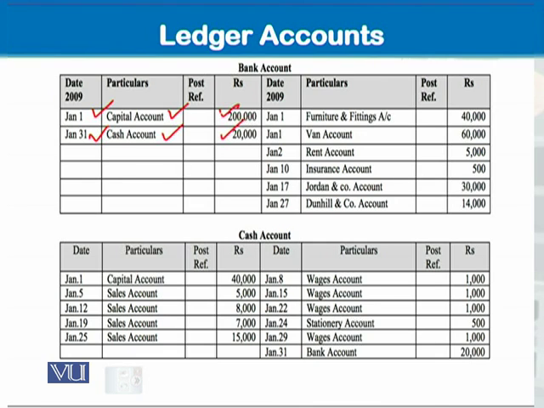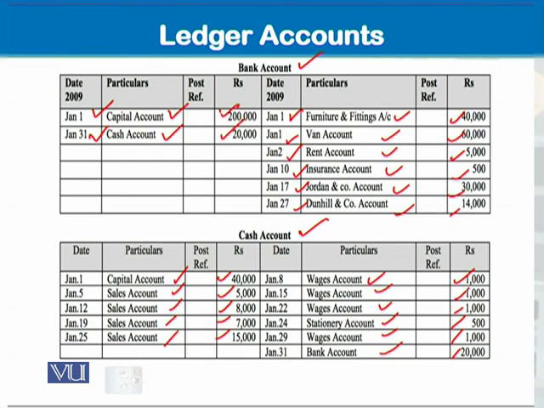In the same way, you will see how many times bank is being credited, and put the dates over there, the reasons, and the amounts. Got it? So this is how you will be preparing cash. For which reason cash is being debited, the amount. For which reason cash is being credited, the amount.